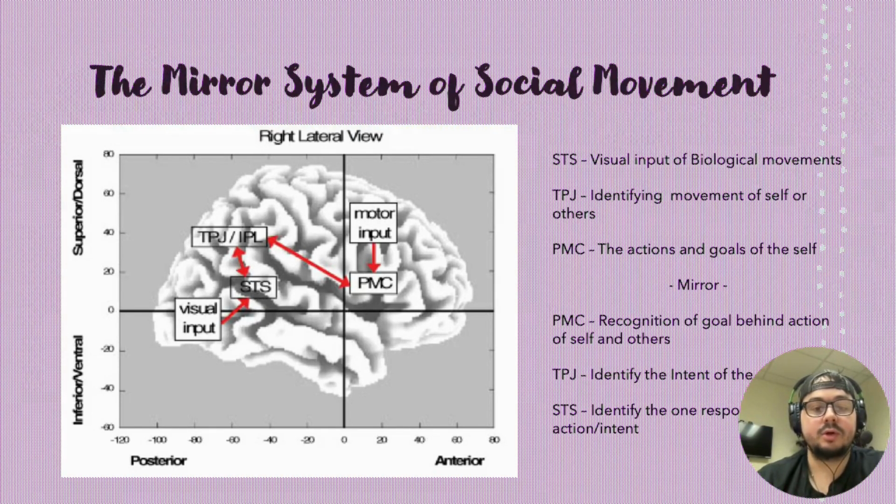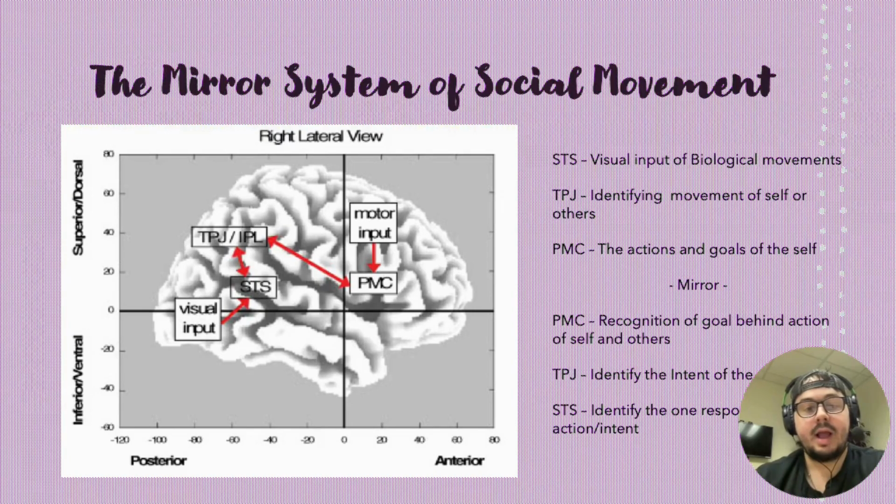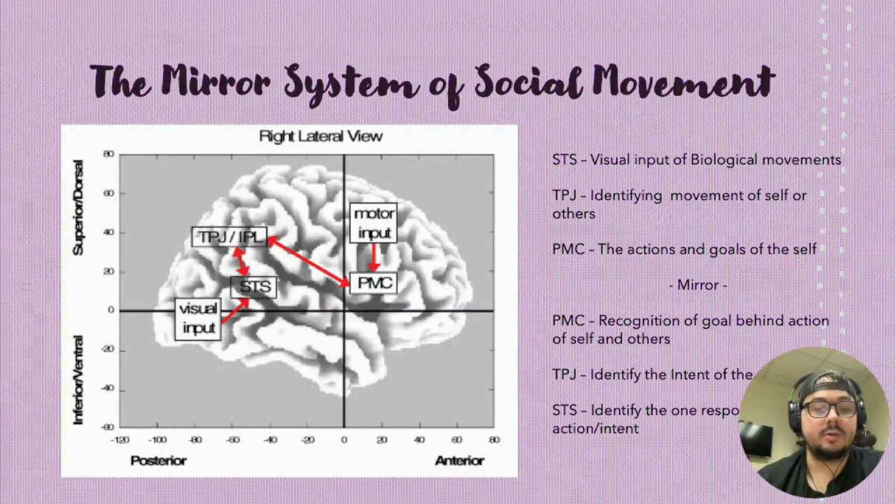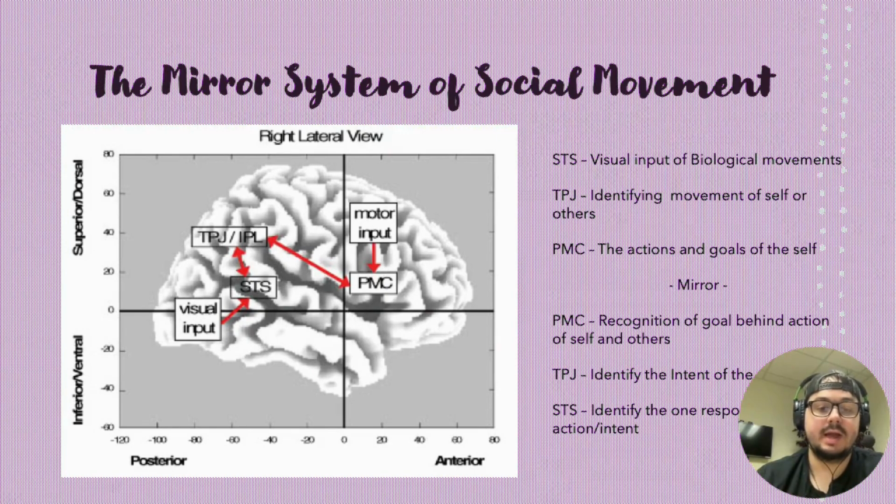And then the premotor cortex uses these signals to perceive whether the goal of the action is your goal or the goal of somebody else. And those signal back to the temporoparietal junction to identify what kind of intent is behind the action, and then of course back to the sulcus where it identifies who was responsible for it.